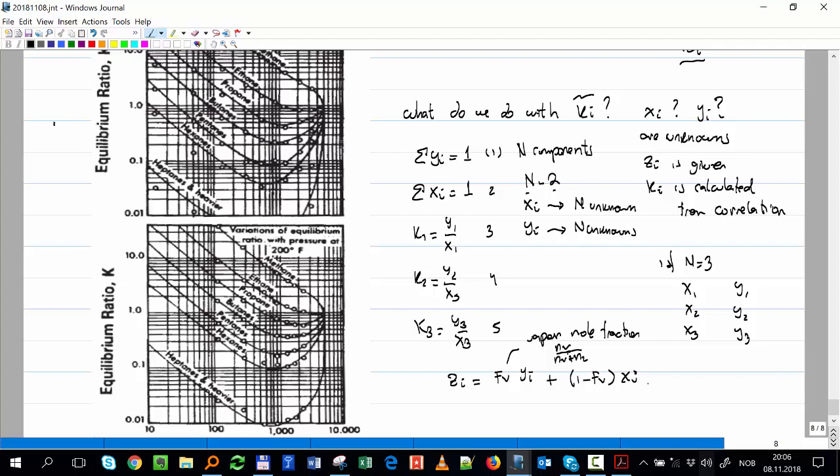So here we have 3 more equations with 1 additional unknown. Then I have all the equations I need, right? I have 1 more unknown, so I have 2 times n plus 1, but I'm getting 3 additional equations. So I can solve the system.